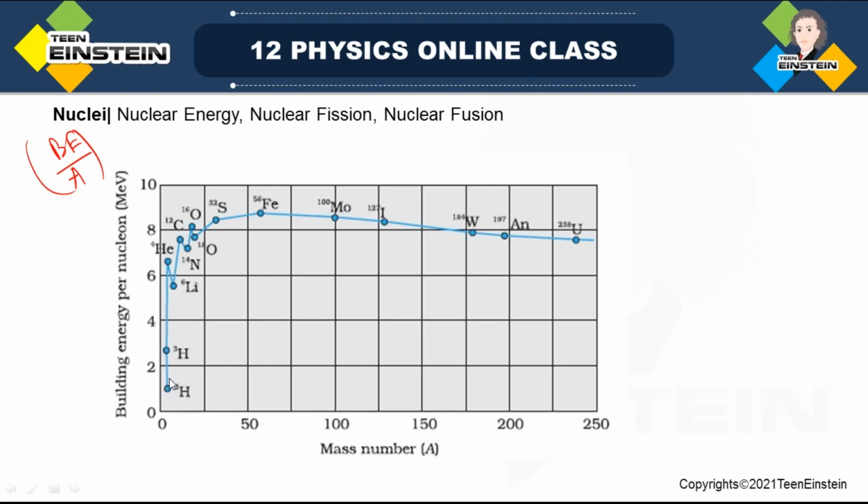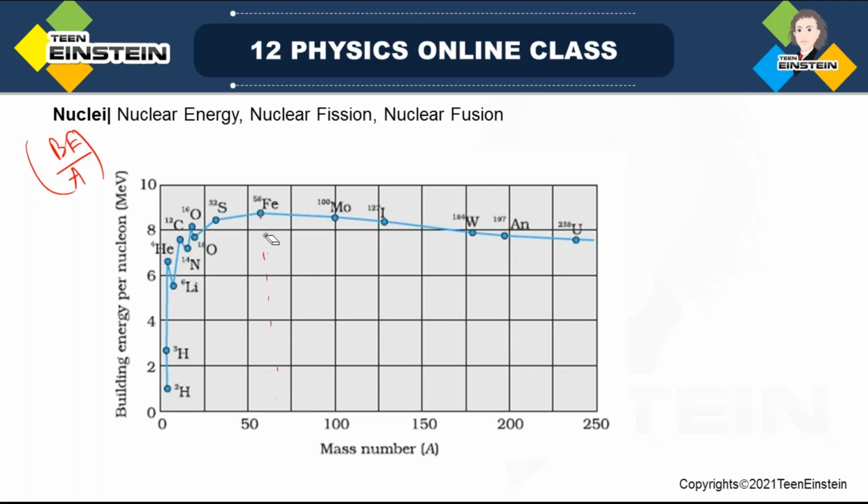From here it is increasing, so deuterium to tritium, then lithium, like that it increases, and it becomes maximum when the mass number becomes almost 56. Okay, for iron.